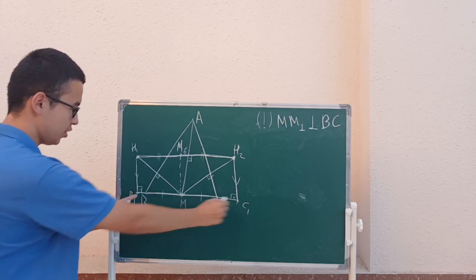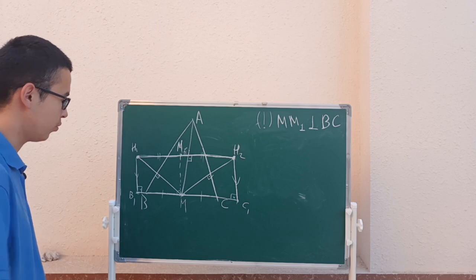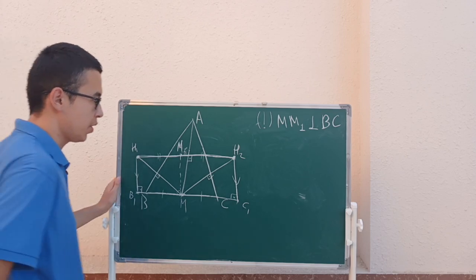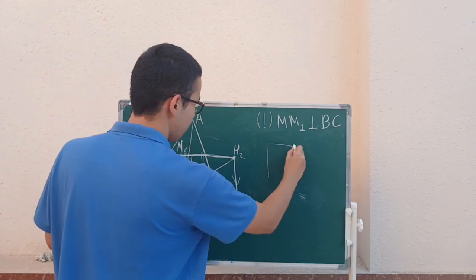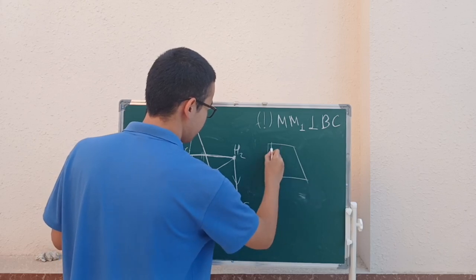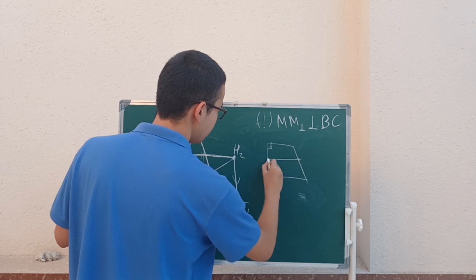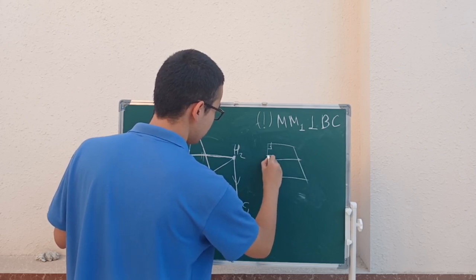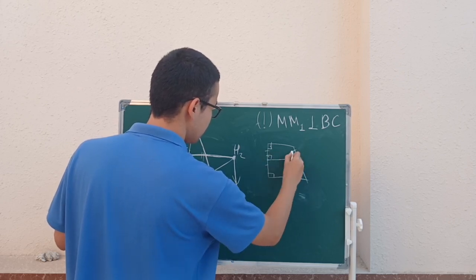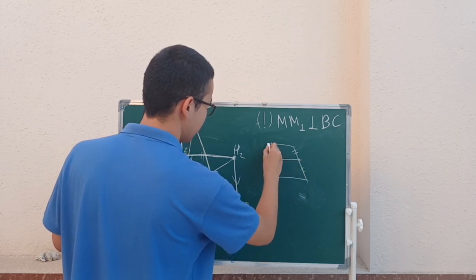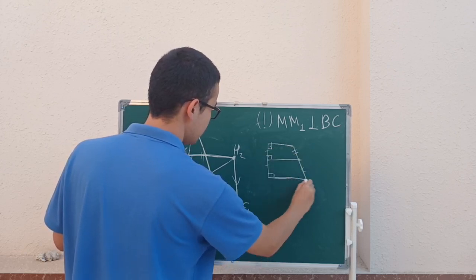the midpoint of B1C1, our problem would be solved, because basically it's very obvious that in a right angle trapezoid, the midline is perpendicular to both sides.